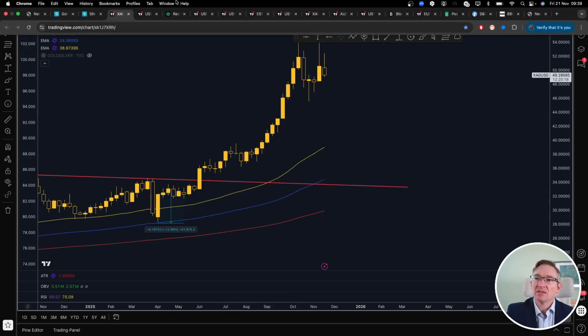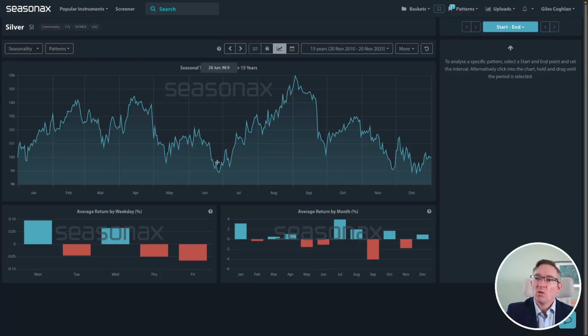But either way, what Seasonax helps you is to validate your trade ideas, to find your stop placement, to help work out where you should be taking profit, when to potentially let trades run, and that overall big picture is something that I find incredibly helpful for me when I'm looking at my trades, and I hope that you will find it helpful too.